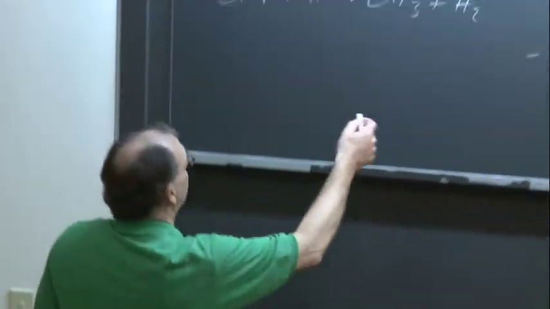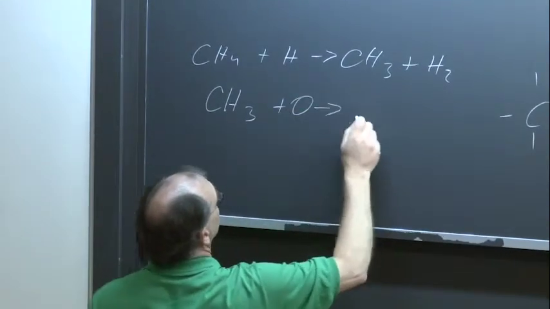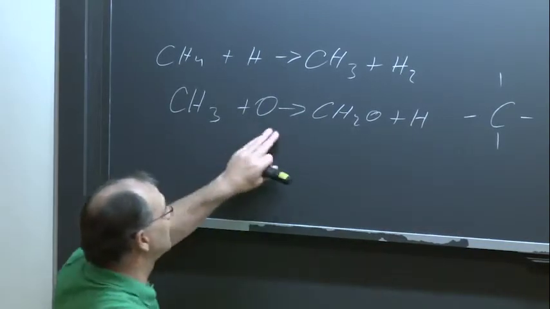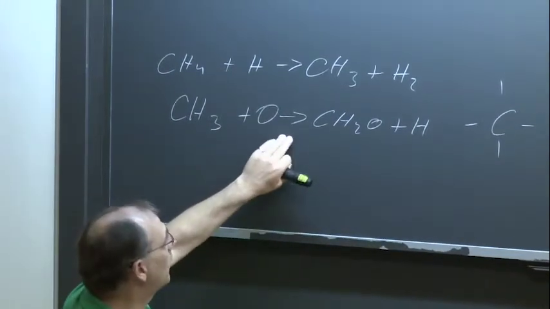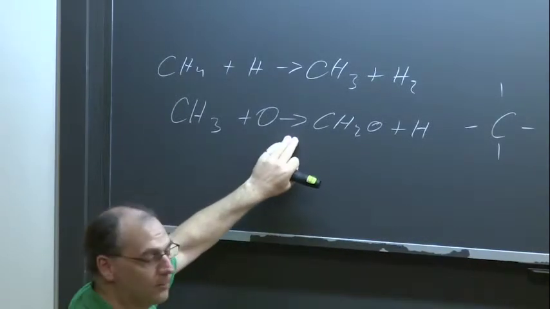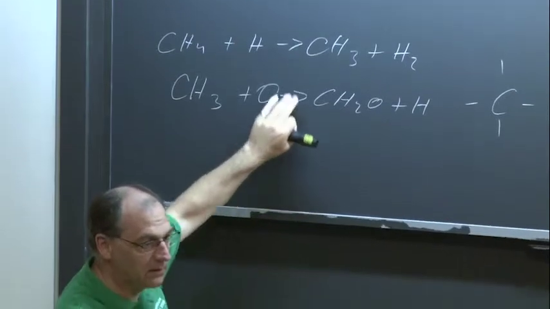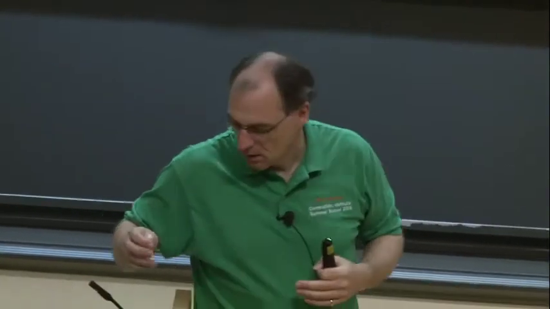But then there's a second reaction that happens, CH3 plus O goes to CH2O plus H, okay? That happens after the first one, downstream, with a different time scale. But because this time scale is much, much faster than this, you don't see an extra layer. This happens at the same time, okay? So only the slow reactions give you these layers.